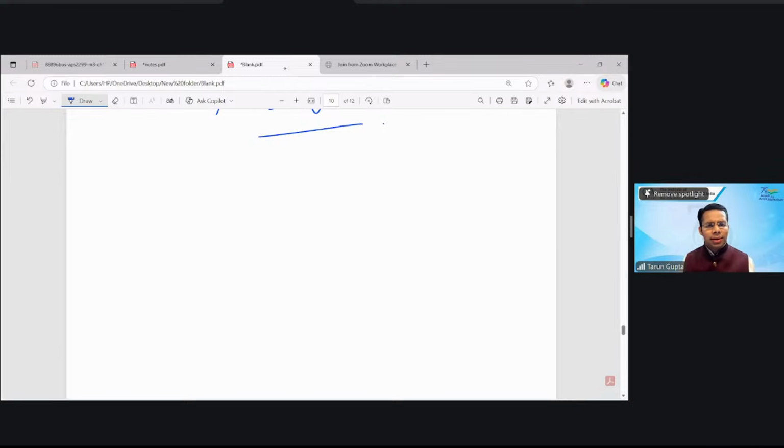This is what a search means. You have already studied the powers, how the search is conducted, in your income tax authority chapter. So what powers the search party has and everything.